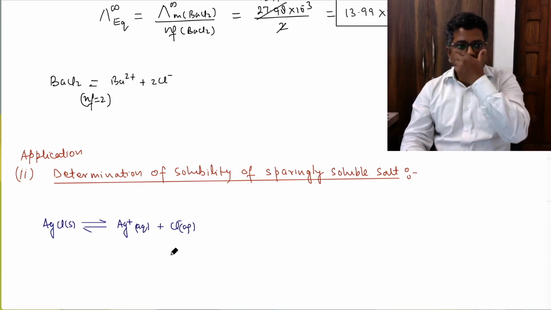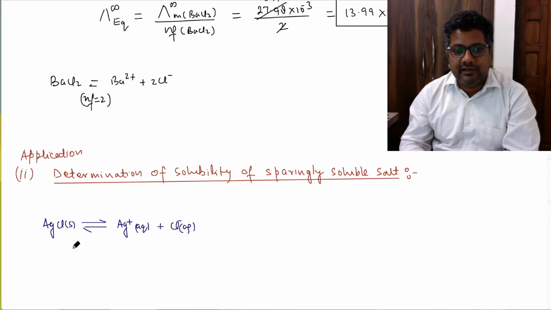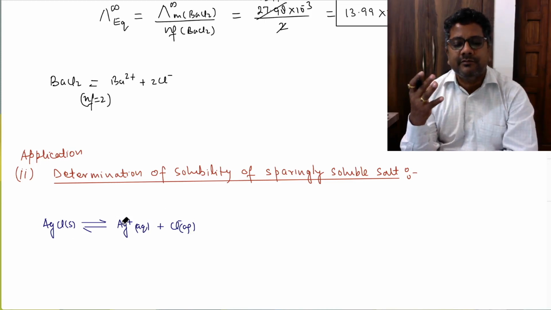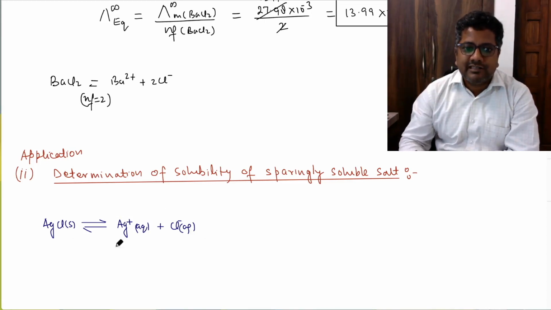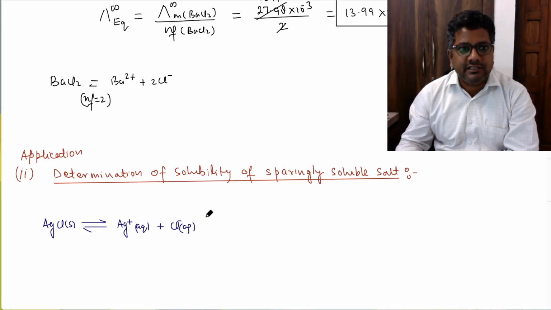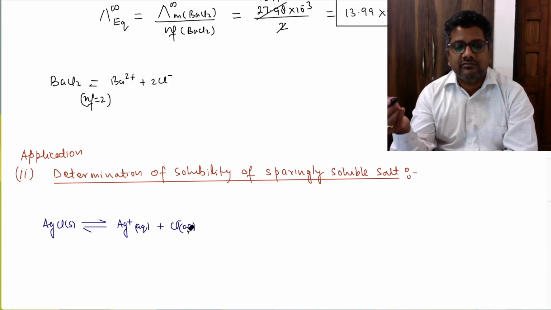Like this. So at a given situation, you know the solubility product depends on temperature only. So at constant temperature, the maximum dissociation is given by the KSP. So whatever molar conductance we are getting in this saturated solution, that is related to the solubility.